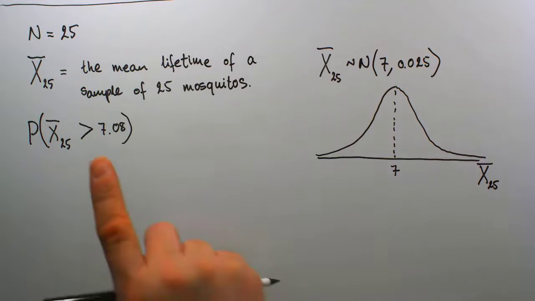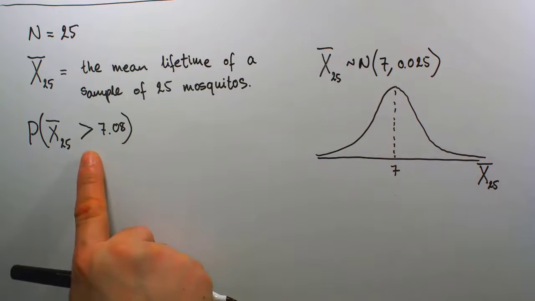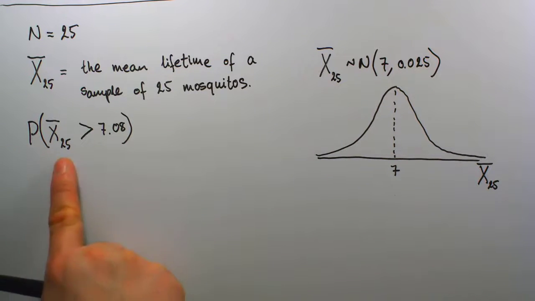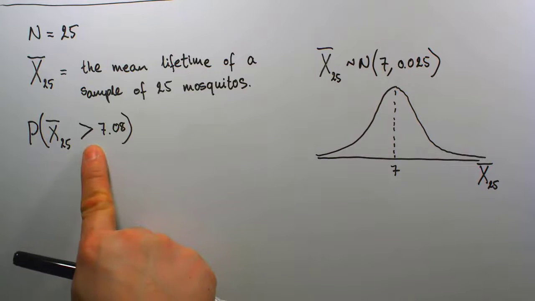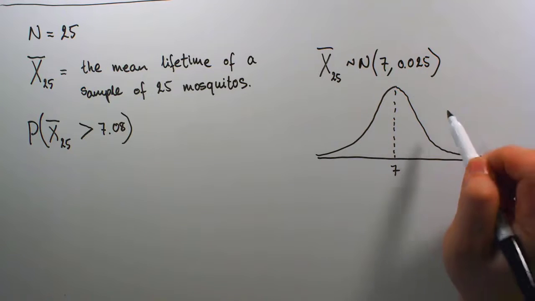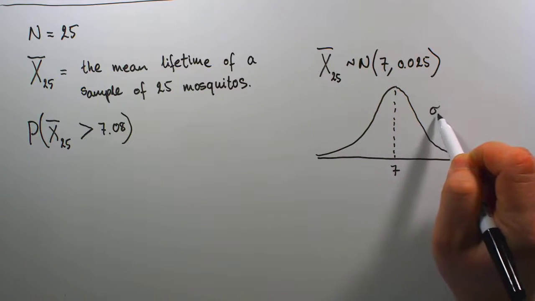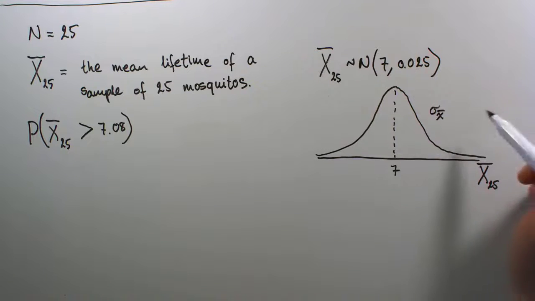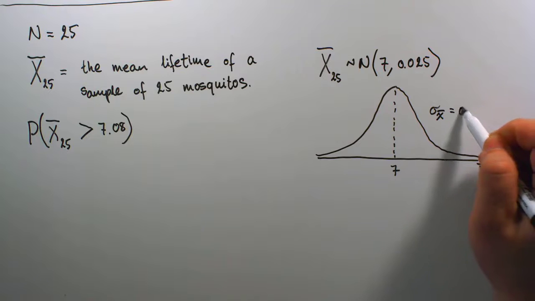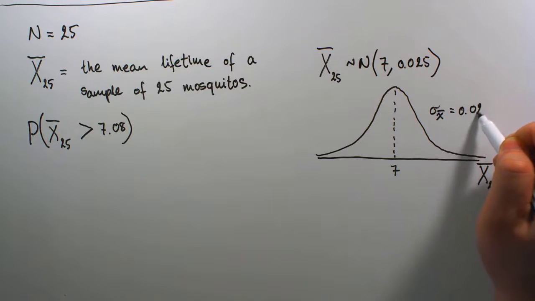Back to the actual ultimate question, we want to find the probability that any sample we picked up would fall above 7.08. 7 is right in the middle of this bell curve, and I forgot to indicate this bell curve has average spread represented by sigma x bar to be 0.025.